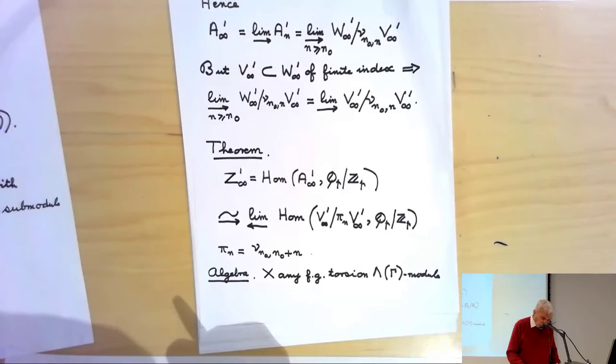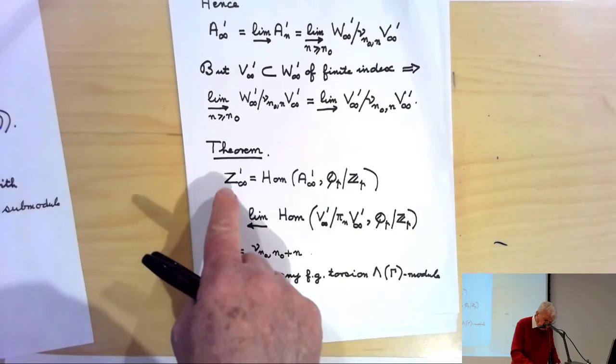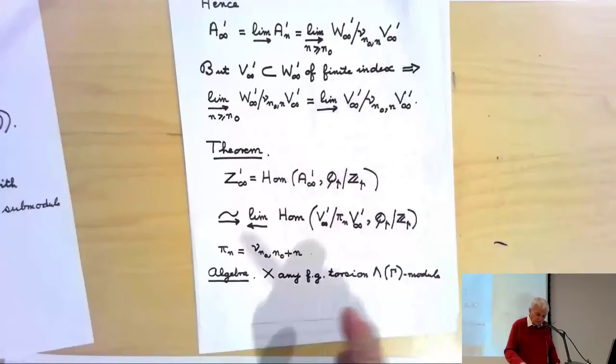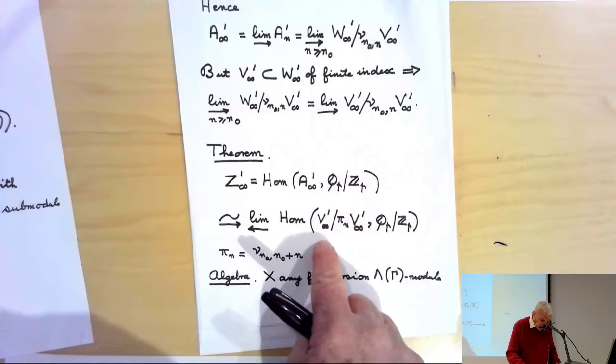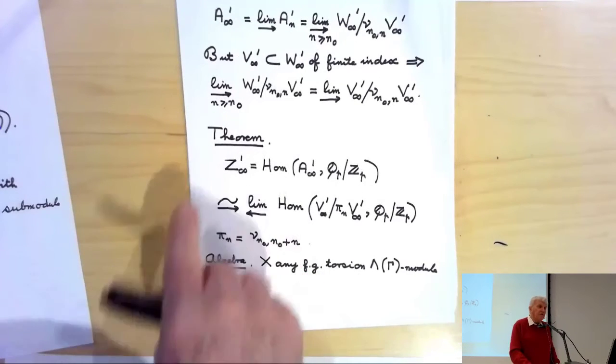What we know is that the W infinity prime, we've proven, is a torsion lambda gamma module, and therefore the V infinity prime, being a submodule of finite index, is too. So we simply want to conclude from this something about Z infinity prime.